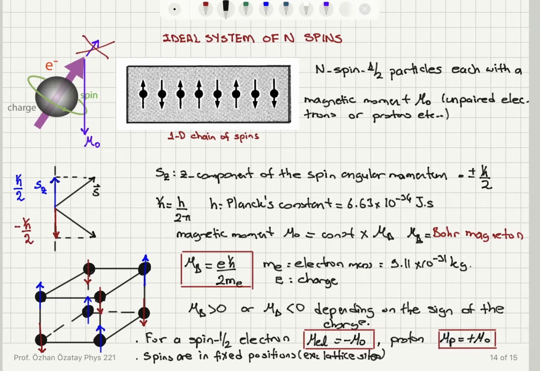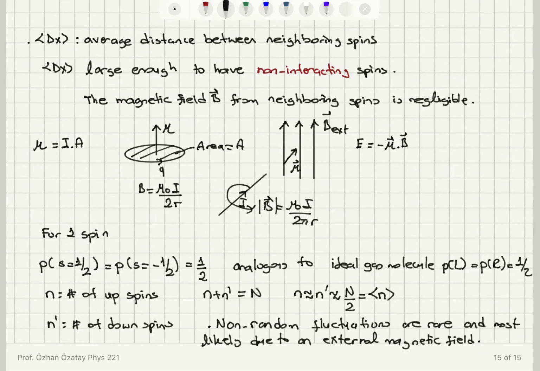That means you have a current flowing on a circular path that creates a magnetic moment, current times area, and it also creates a circular loop. A current carrying loop also creates a magnetic field at its center, mu 0 I over 2r. If you have a wire, for example, using Ampere's law, you can find that you will have a magnetic field mu 0 I over 2 pi r.